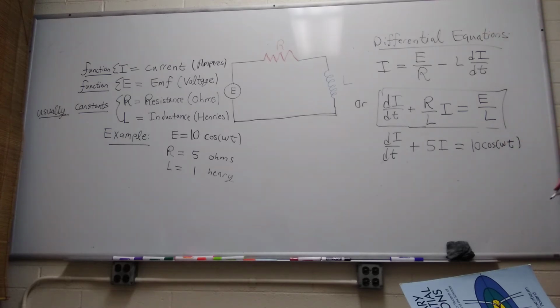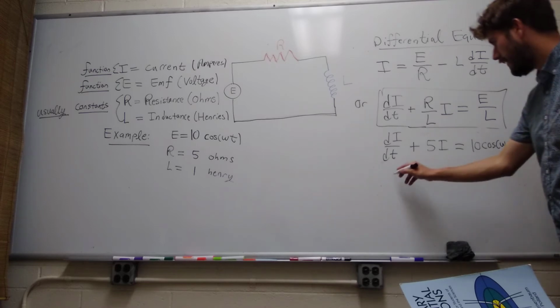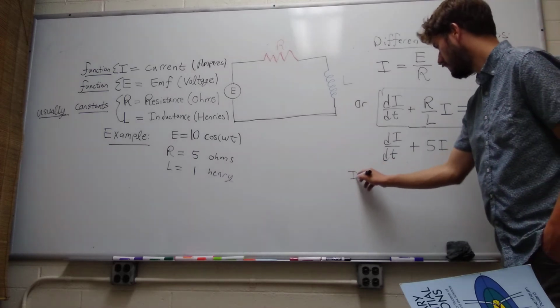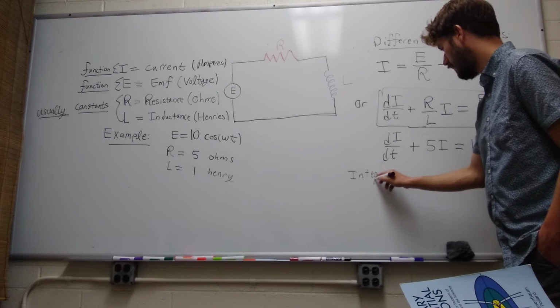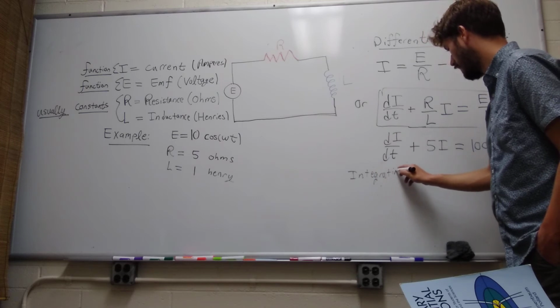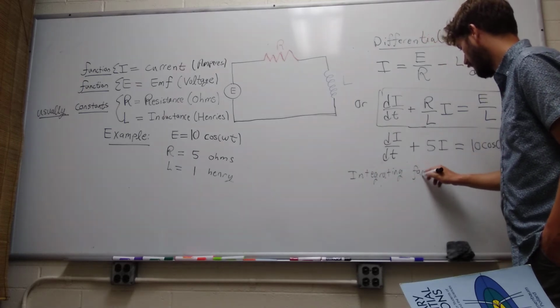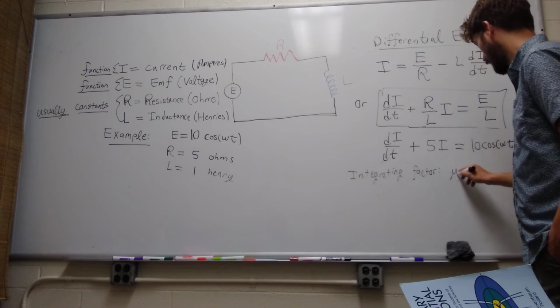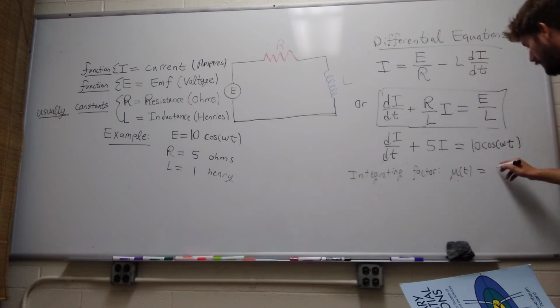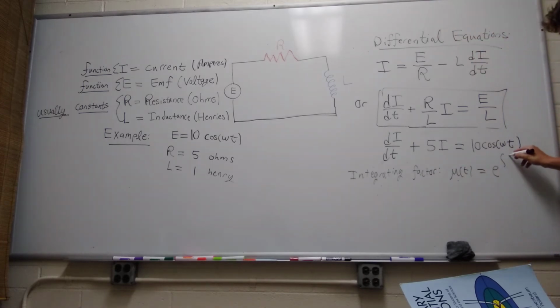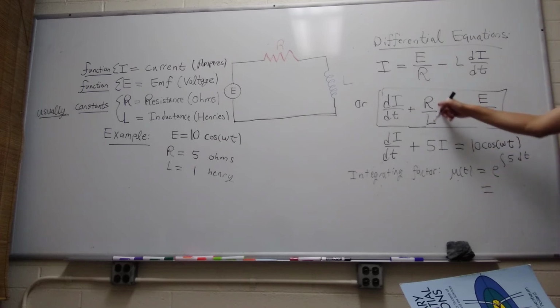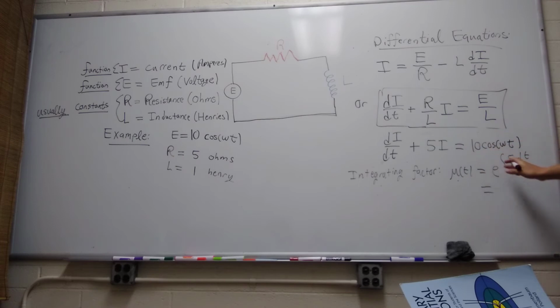Okay. Now, what's our integrating factor? Well, it is literally just e to the antiderivative of 5 dt. Normally this would be R over L. If this is a constant, it would just be the antiderivative of a constant with respect to t.